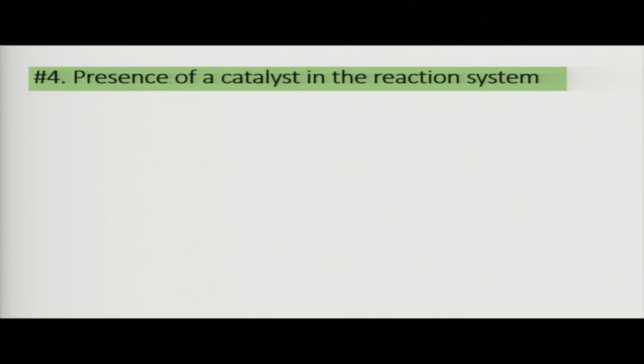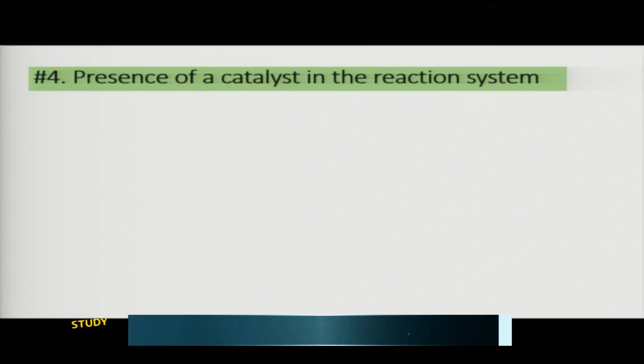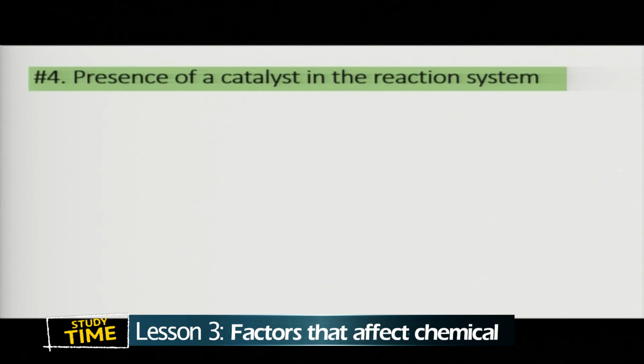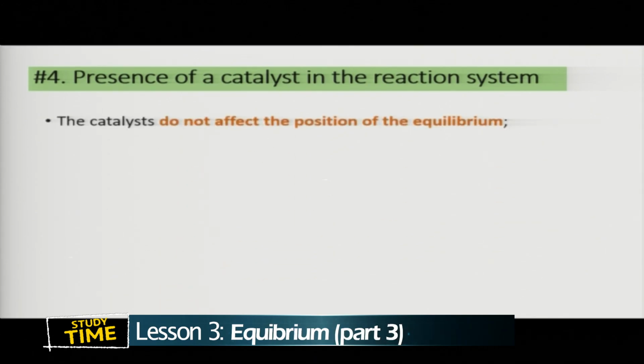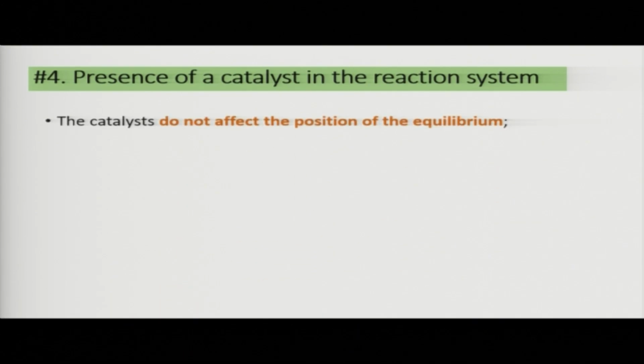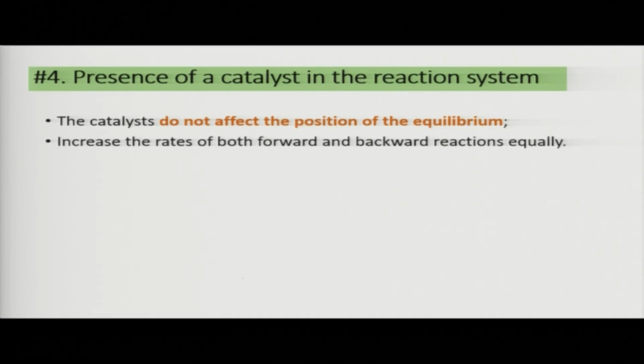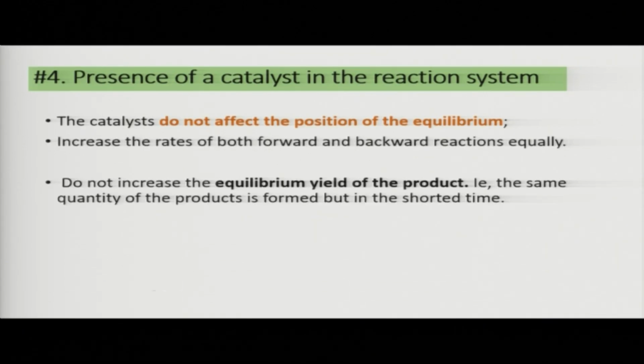So let's look at the presence of a catalyst. How does a catalyst affect the reaction system? They do not have any effect, and the reason is that they increase both the forward and the backward reactions equally. So the amount of products being formed will be equal to the amount being converted back.